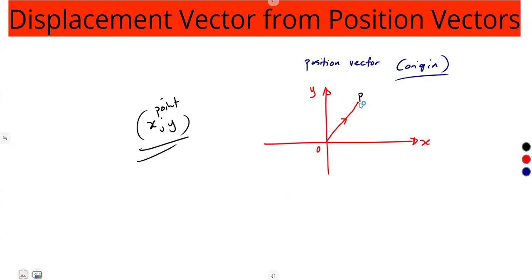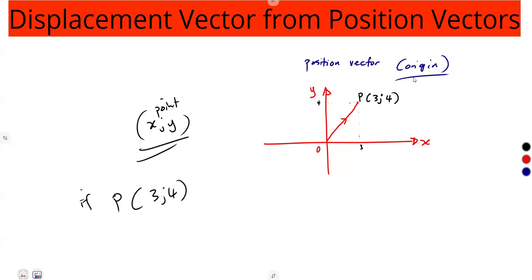So given the point P, let's say it corresponds to the x value, which is 3, and the y value, which is 4, and therefore this point P is referred to as 3, 4, x value first, then the y value. Thus, a point P that we are given.